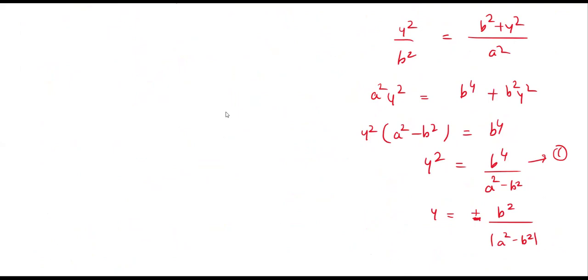So let's put it in. What is the formula of area? Area of PF1F2 is equal to half into this one, that is b square by... There is something I forgot, it's the square root.